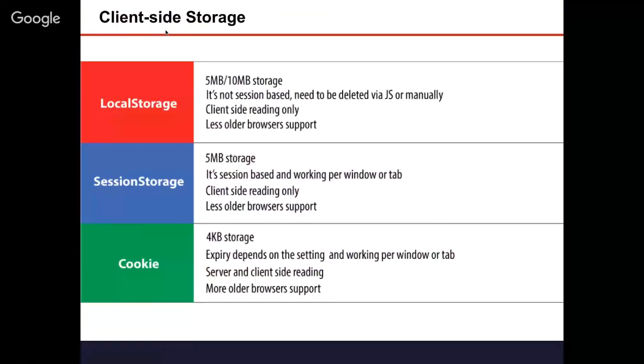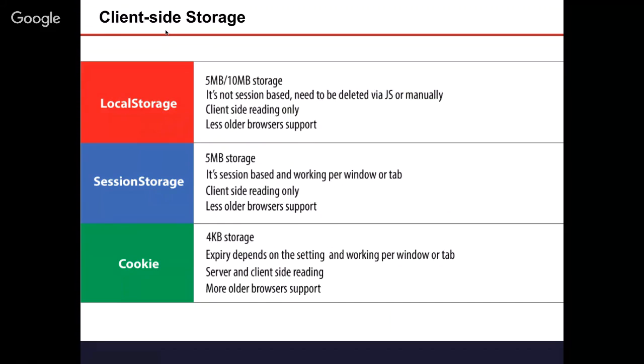Sorry, we've got to go on a break real soon. I just want to cover these other two things, and then we're going to go into a session storage example, and I'll pull my own professional example of that as well, and we can discuss how that's used. So, local storage: it's 5 to 10 megs. I believe it's 10. I don't know why it says 5 here in this example. It's not session-based.